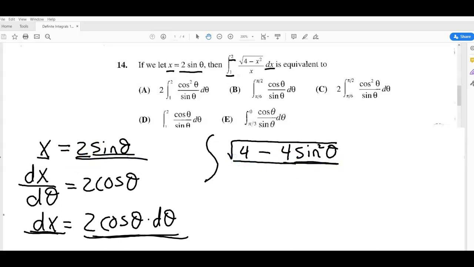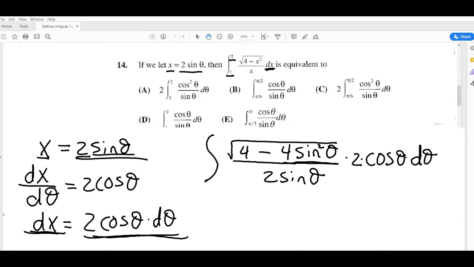Then on the bottom, we're going to replace the x with 2 sine theta as well. The next thing we're going to do is replace the dx here with 2 cosine theta d theta. All right, so there's that.